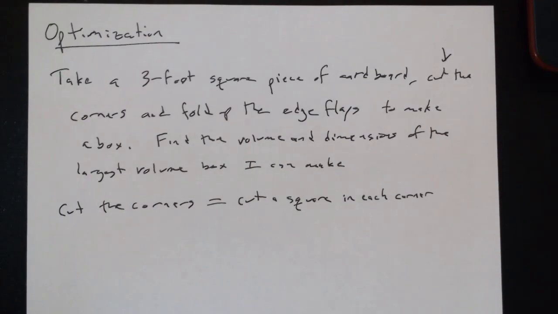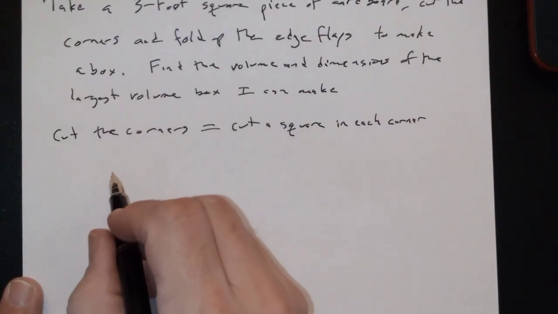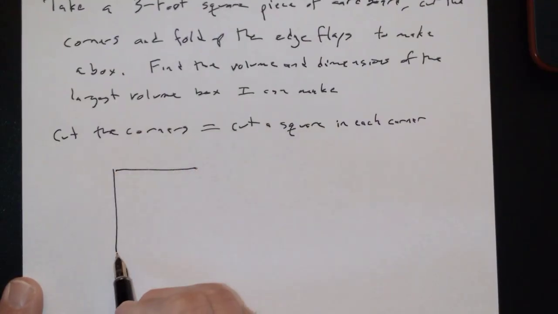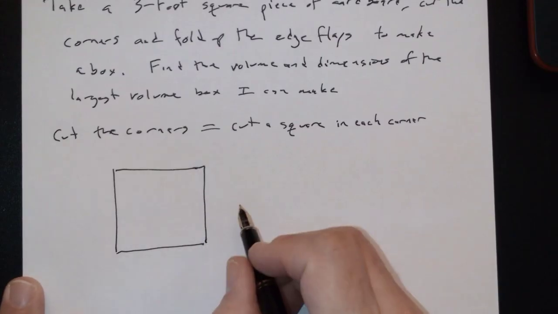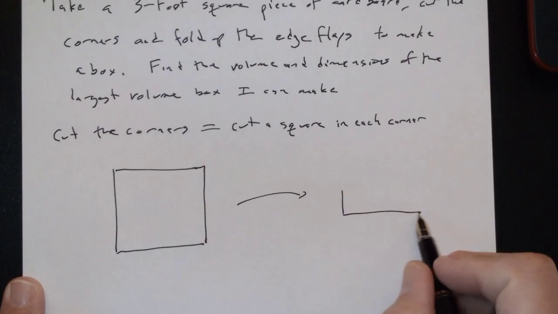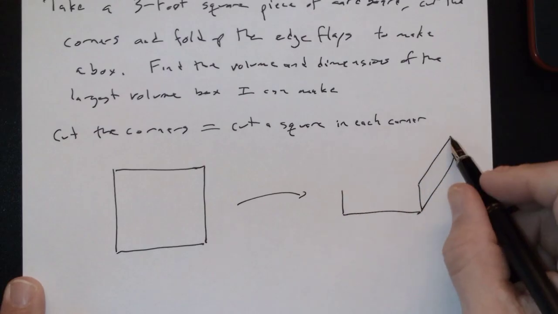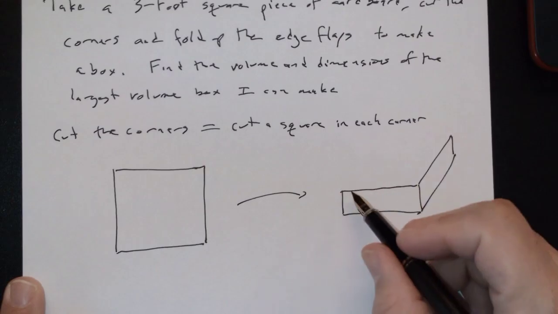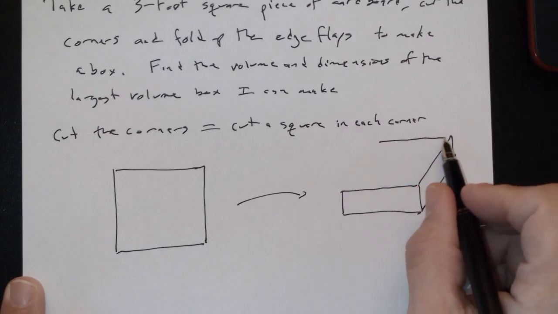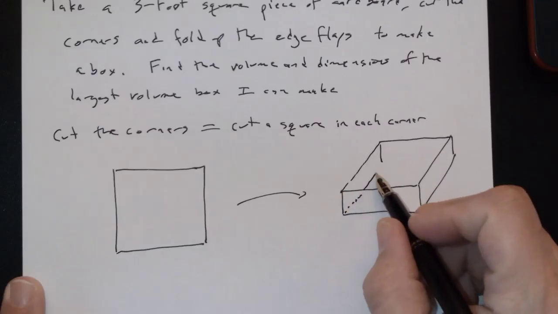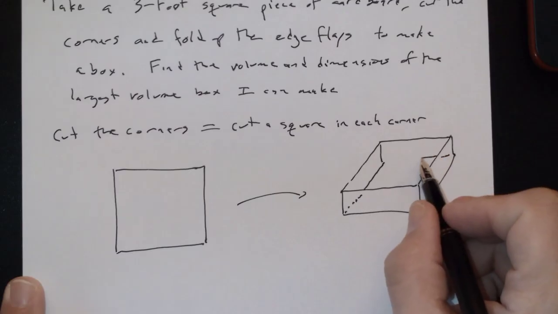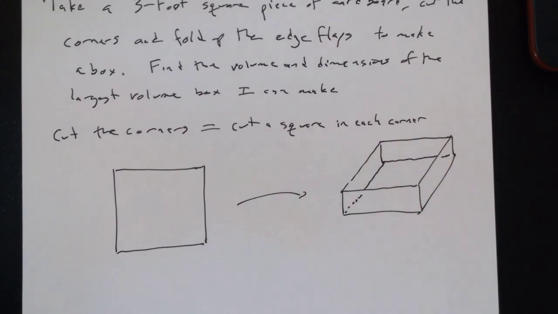I'm a very visual person. Let's make some pictures. I have a starting picture. Looks like a square. I end with a box with an open top that I can see into.